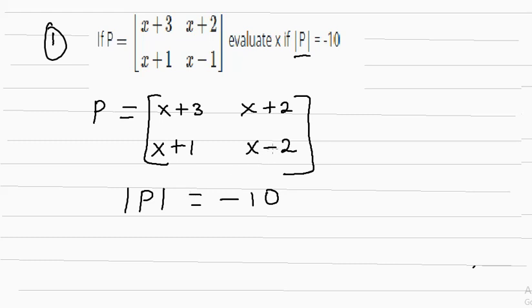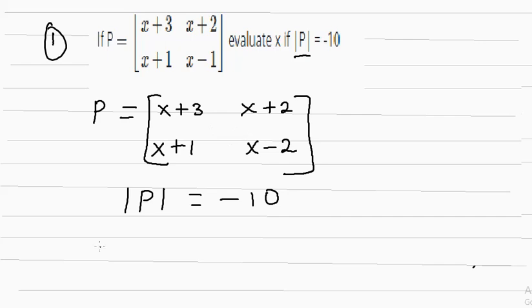So what we are going to do is evaluate the determinant. You know exactly how we evaluate the determinant of a 2 by 2 matrix. We multiply diagonally. Let's start with the left diagonal first, then minus the right diagonal.